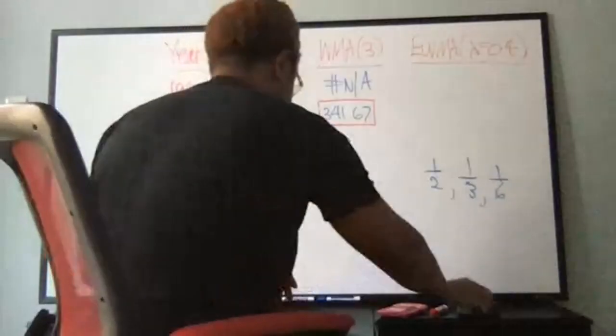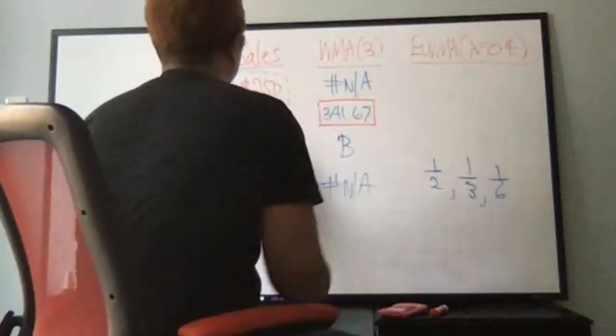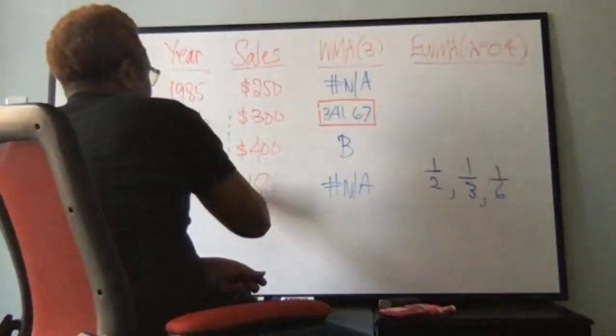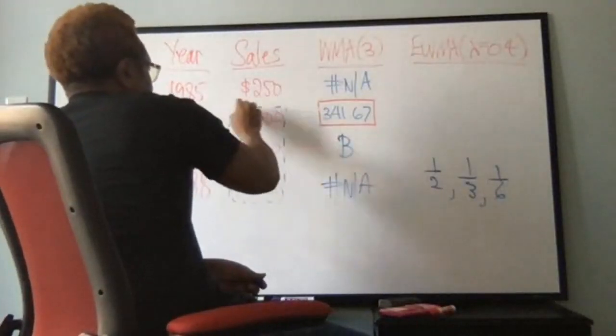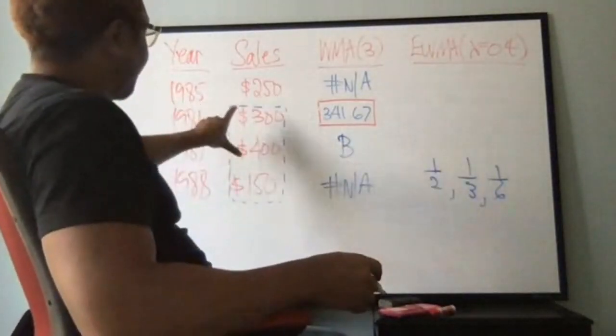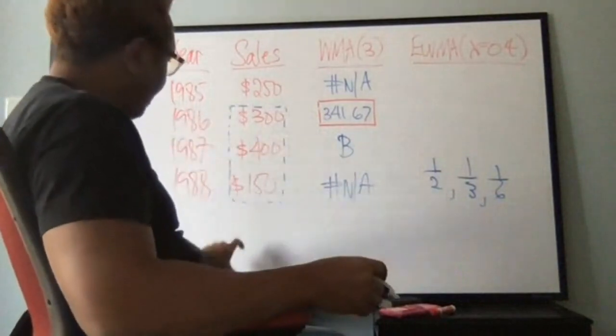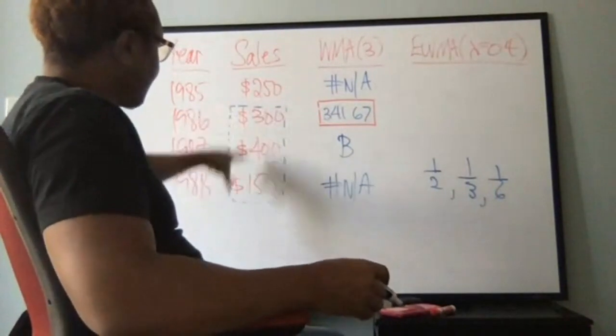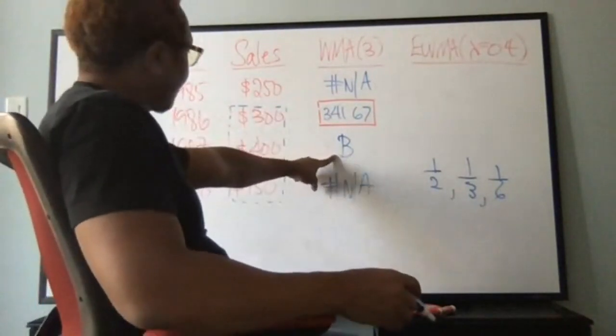How would you calculate this B right here? Would the range just move down? Right. 1/2 would go with 150. Right. 1/3 with 400. Yeah, in other words, it'll kind of slide down like this. And do you see how there is no more data down here? So that's why when you get this answer, it's going to go right here.